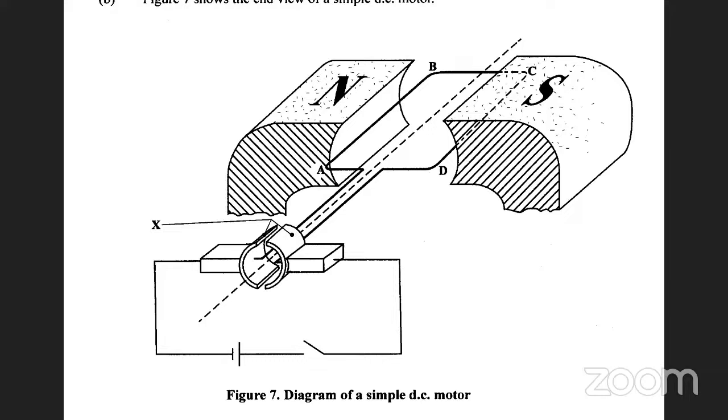Let's figure out the current direction. When you close this circuit, which side is positive and which side is negative? Look at the battery down there.